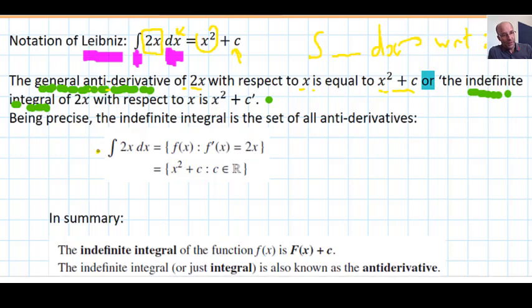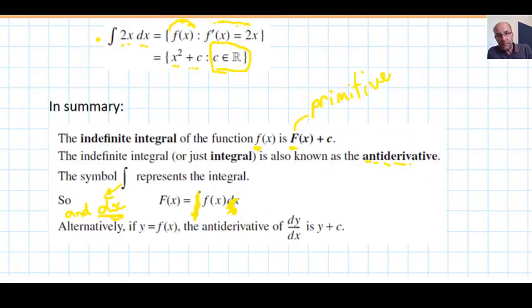In set notation, we would be writing the integral of 2x with regards to x, or integral of 2x dx, is the... Okay, so we've got the primitive, which is capital F, also known as the indefinite integral or just the integral, and the general antiderivative.